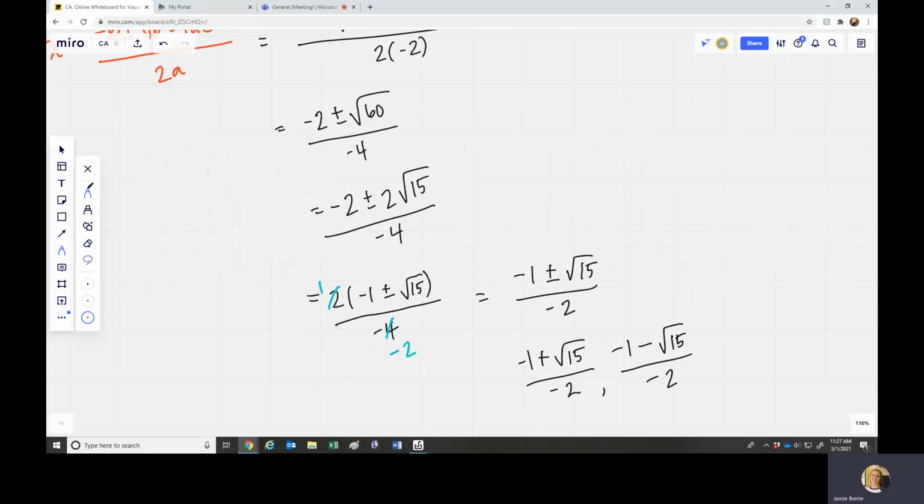So again, this would be called a comma separated list. But this is fine for the answer. Either one of these are the same thing.